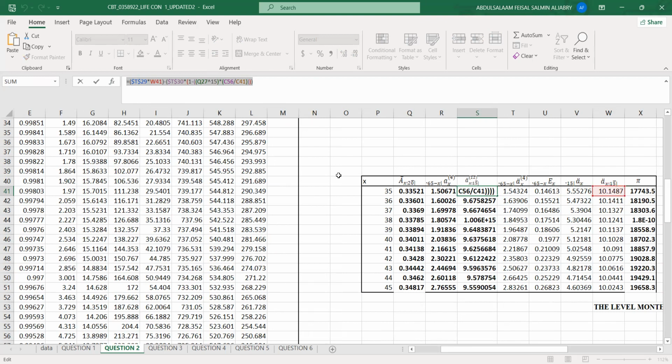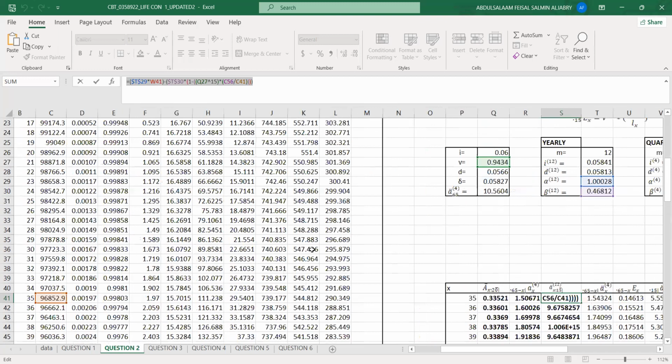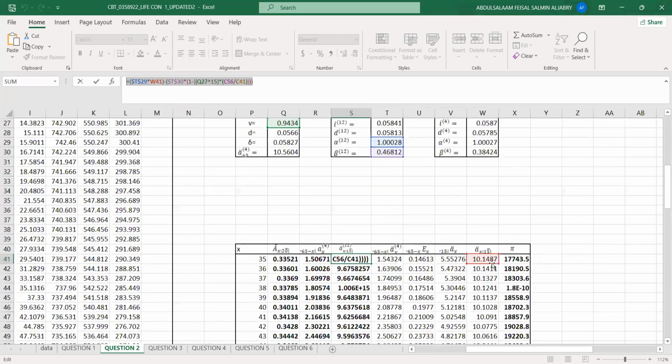As you can see, I used T29. It's the alpha 12 multiplied by W41. W41 is this one, the data which we just found, and minus, remember to key in the dollar sign for the alpha 12 because it is fixed throughout. Minus this beta 12.